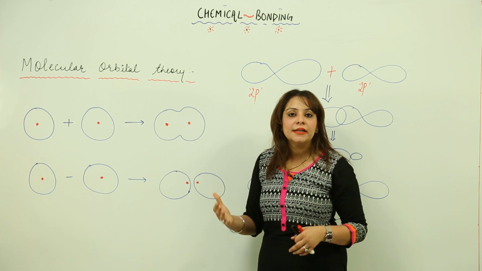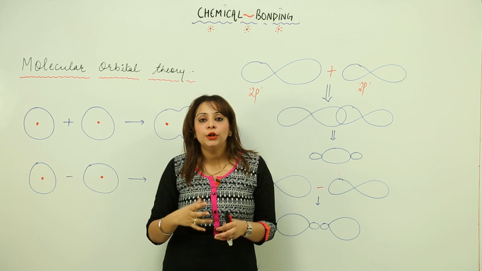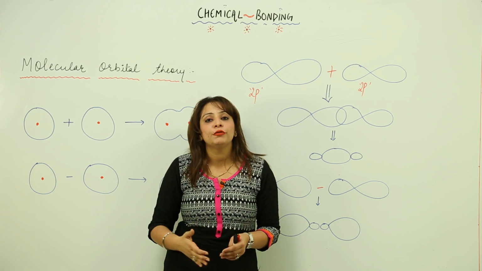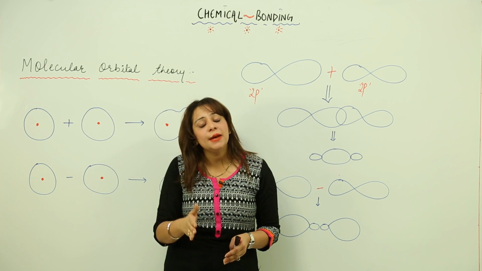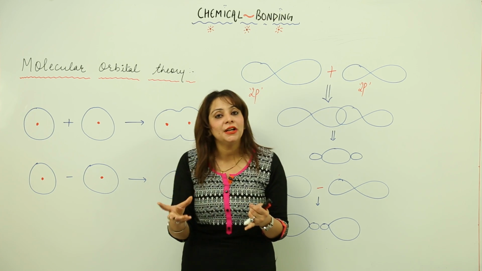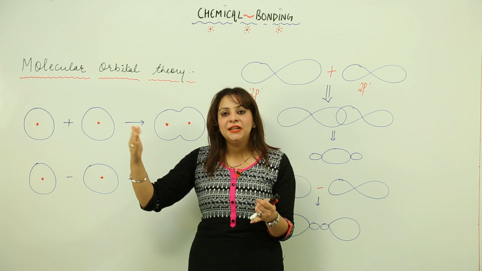So this is the molecular orbital theory, and as we can write the electronic configuration for atomic orbitals, likewise we can write it for molecular orbitals. We will follow the same principles. First, the Aufbau principle: the orbital with the lower energy is filled first, with successive filling.